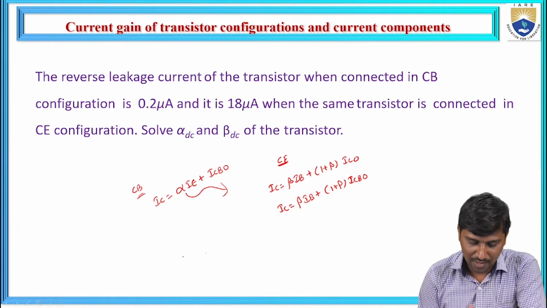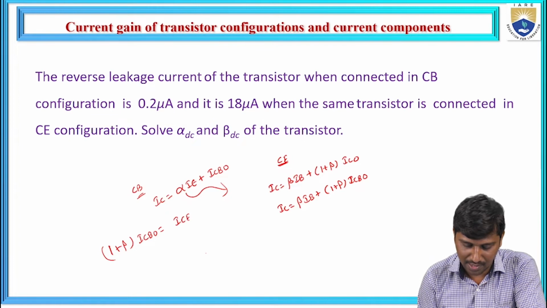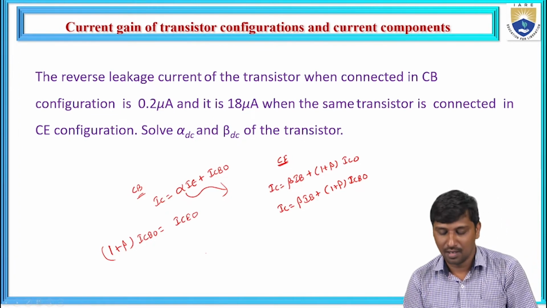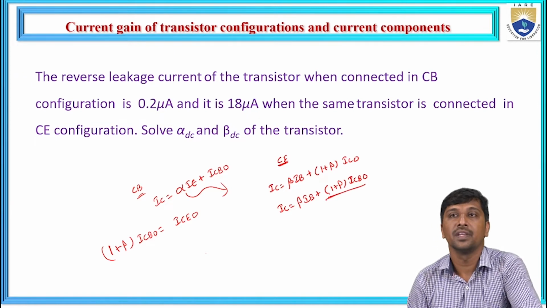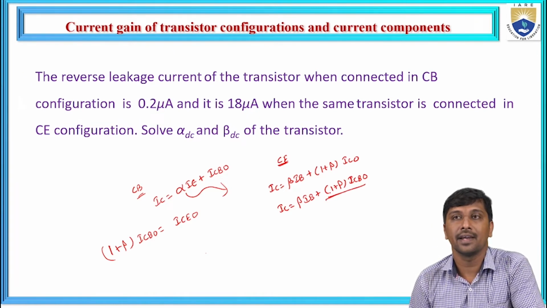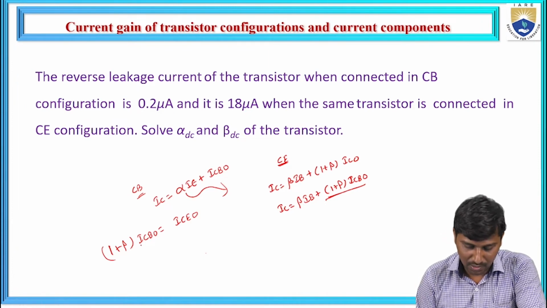We know that this 1 plus beta times ICBO is nothing but ICEO, so this entire relation belongs to a reverse saturation current when the emitter terminal is open circuited. That is the reason.